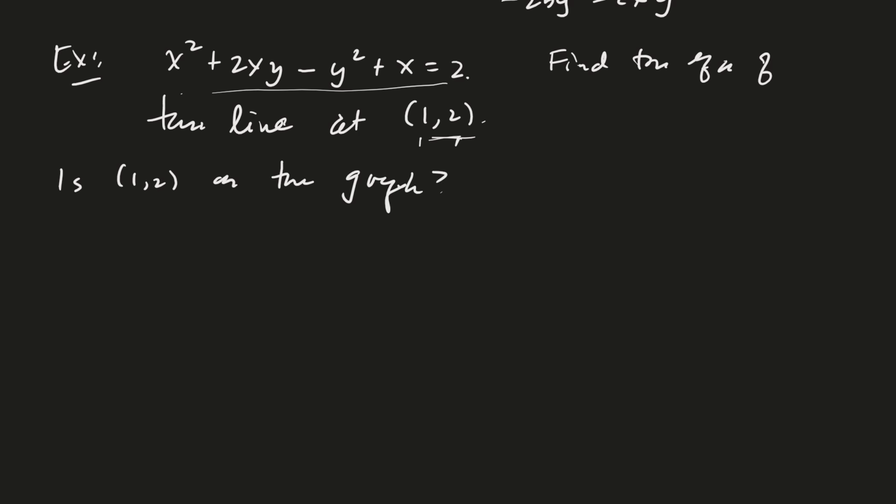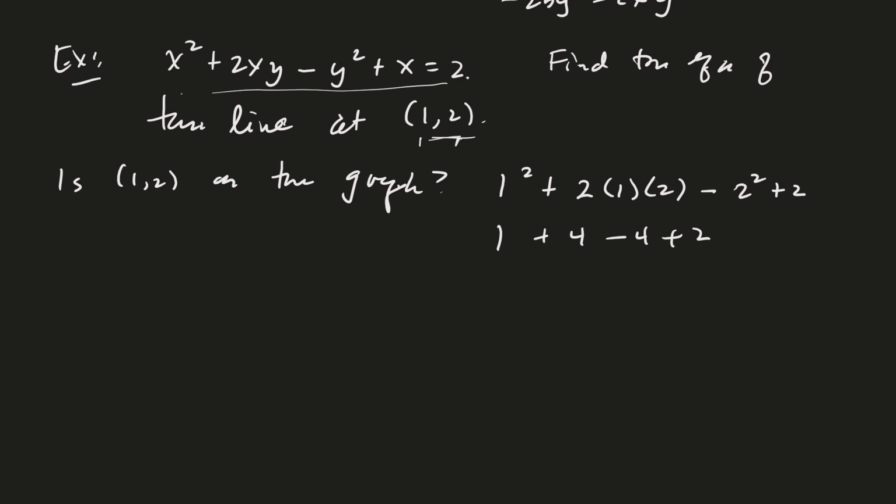Just to double check. 1 squared plus 2 times 1 times 2 minus 2 squared plus 2. What is that going to be equal to? Let's see, that's going to be 1 plus 4 minus 4 plus 2. Oops.